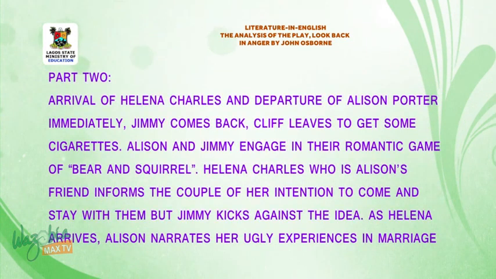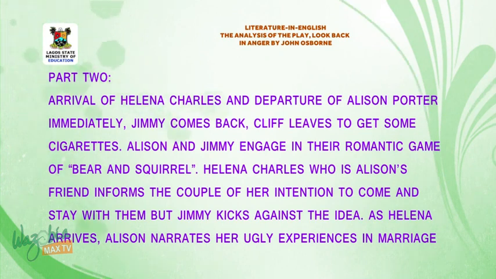Part 2 is titled Arrival of Helena Charles and Departure of Alison Porter. Immediately Jimmy comes back, Cliff leaves to get some cigarettes. Alison and Jimmy engage in their romantic game of bears and squirrels. Helena Charles, who is Alison's friend, informs the couple of her intention to come and stay with them, but Jimmy kicks against the idea.